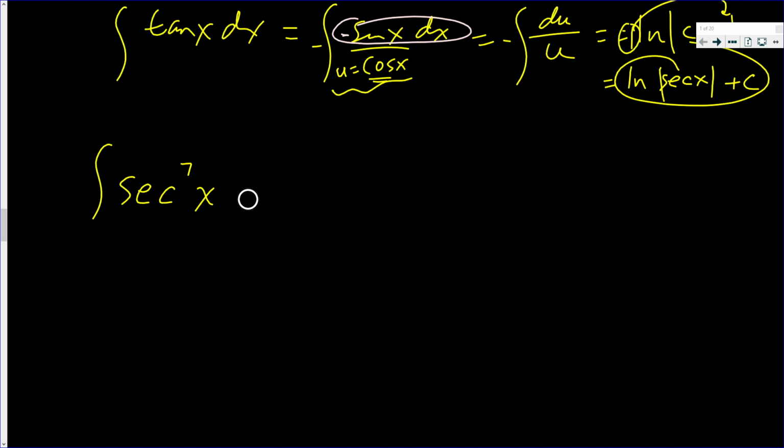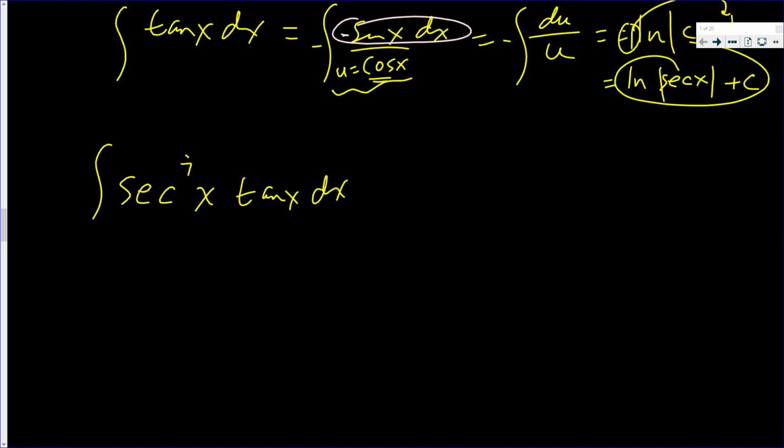It should be secant to the 7th x times tangent x dx. The derivative of secant x is secant x tangent x dx.